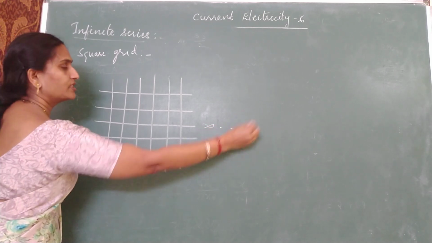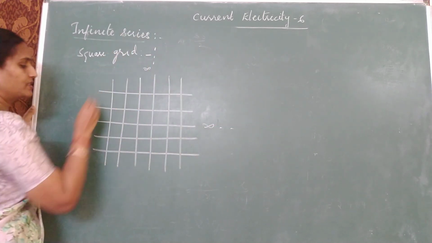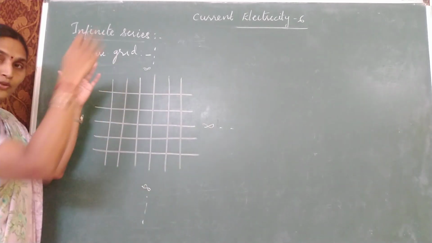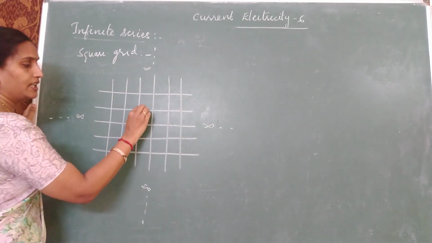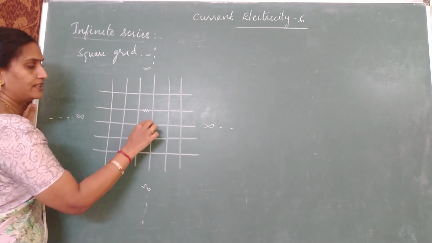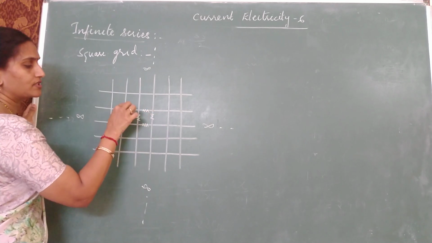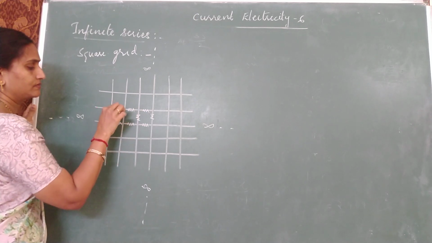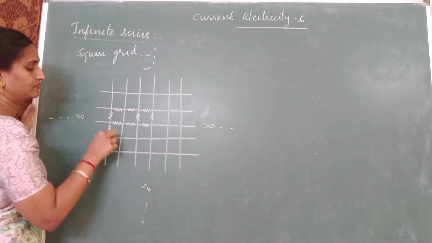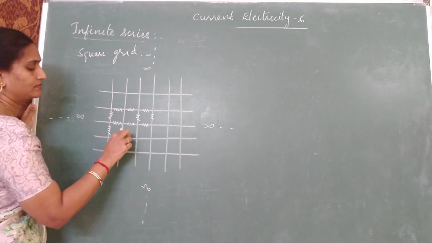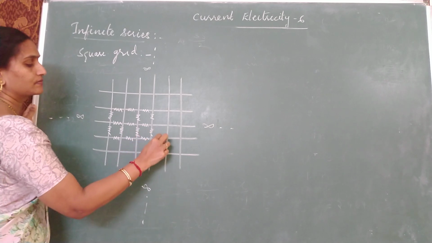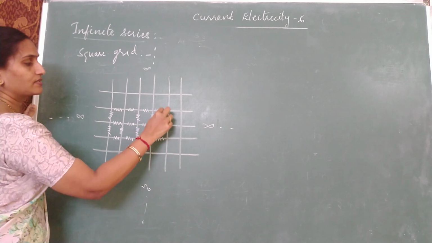This is tending to infinity. This side also infinity. Even this side infinity. All the four ends are tending to infinity, and across each edge you have a resistor. This is how resistors are arranged.